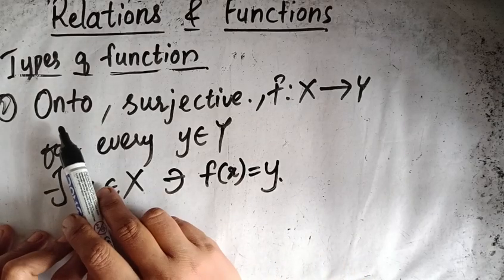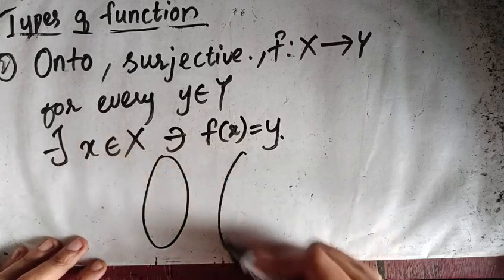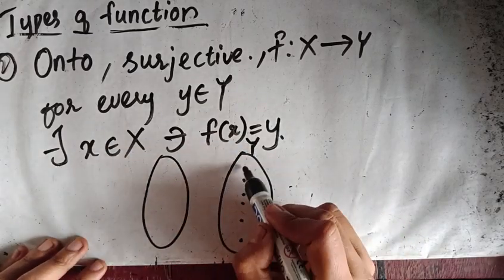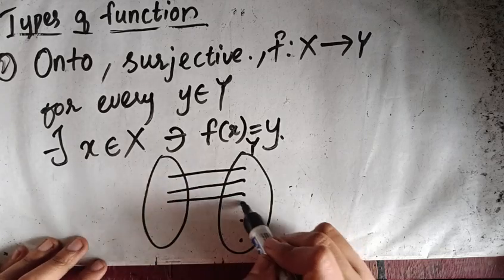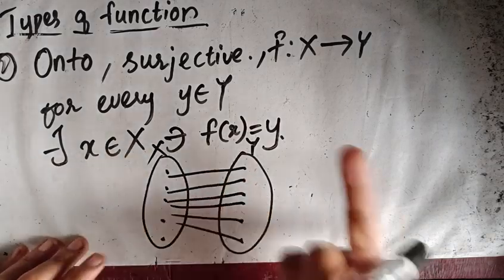Okay, this is the condition for onto function. That is, in terms of diagram, we have every element in y have a pre-image in x. Okay, then we say that it is an onto function.